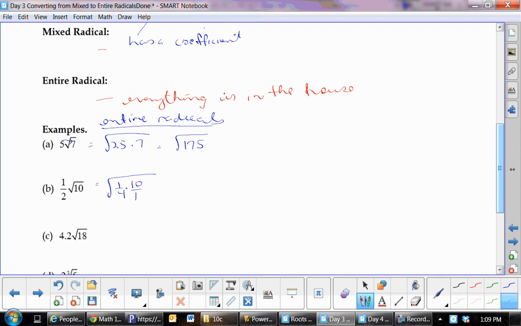That would be root 10 over 4, because I multiplied the numerators and multiplied the denominators, which would be root 5 over 2. How do you know you got that right for sure? Put your question in the calculator, hit enter, put your answer in, hit enter, and if you get the same decimal, you know you got it.